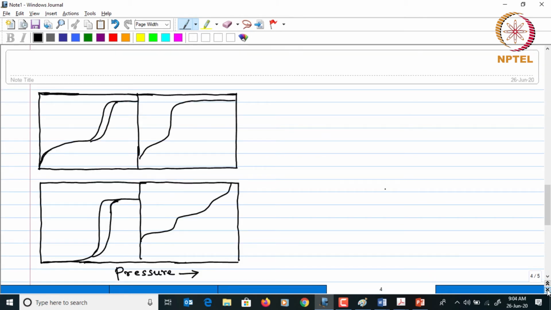Next, we have type 4, which is over here. In this also, there are two categories, A and B. Type 4 basically is a variant of type 2 with hysteresis, as you could see over here. The hysteresis is formed here.